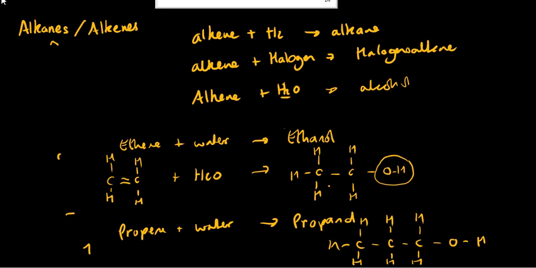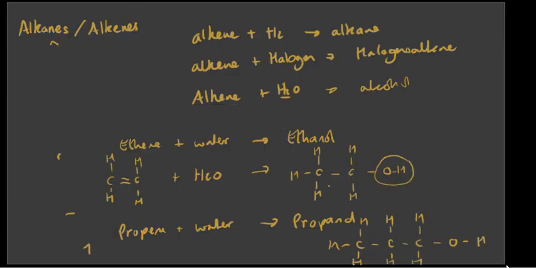Okay, so if we just have a go at some recap questions on this. So first question is going to be, what is the general formula for alkanes and alkenes? So if we do alkanes and then below alkenes. Okay, so if you've done that, CnH2n plus 2 is our alkanes, and then we have CnH2n is our alkenes.